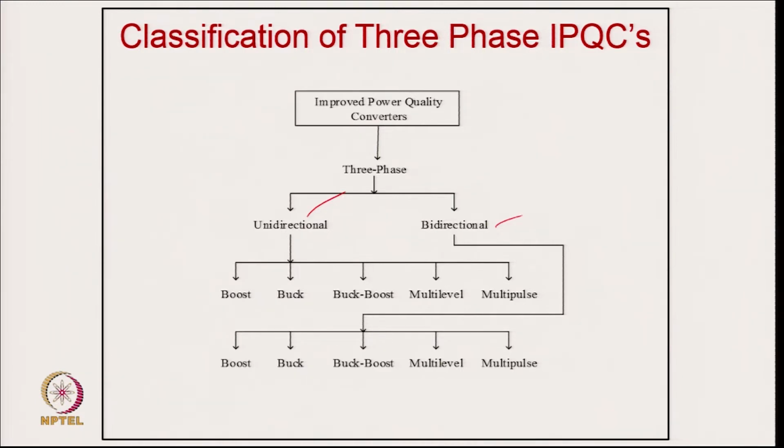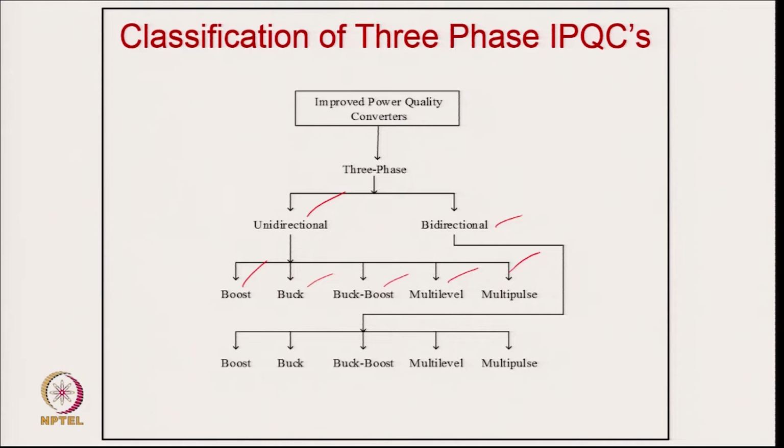A typical example of bidirectional power flow is traction, the active load where we connect them. Of course, we classify unidirectional further into categories of boost operation, buck boost operation, multi-level operation, as well as multiple converters, which is also coming in a big way.